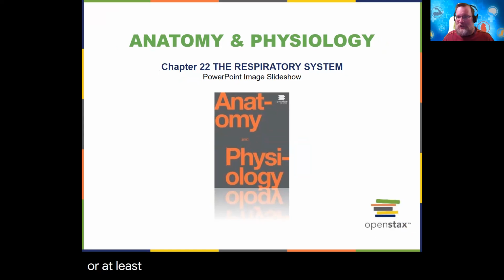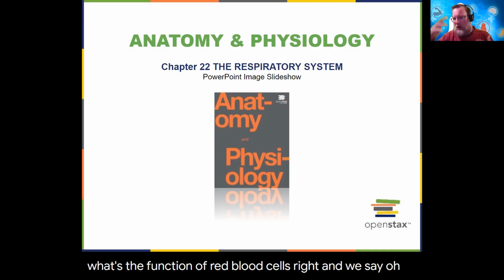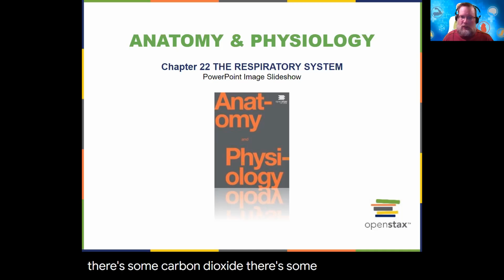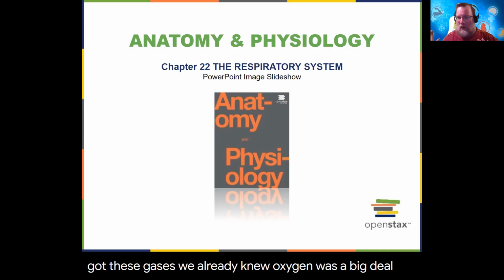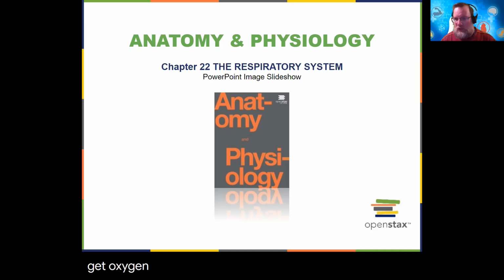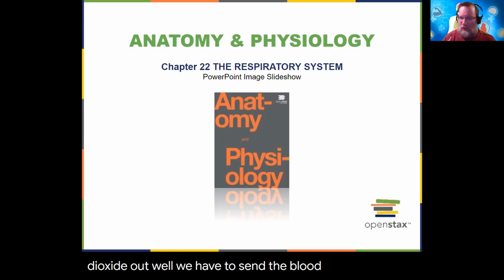Pulmonary, or at least discussion of gases and then lungs. I think that's probably where we started, just talking about what is in plasma. What's the function of red blood cells, right? And we say, oh, there's some carbon dioxide, there's some oxygen. So we've got these gases. We already knew oxygen was a big deal. So anyhow, how do we get oxygen into the blood and how do we get carbon dioxide out? Well, we have to send the blood over to the lungs and then send that blood back to the heart.